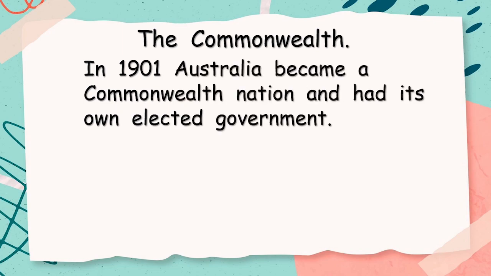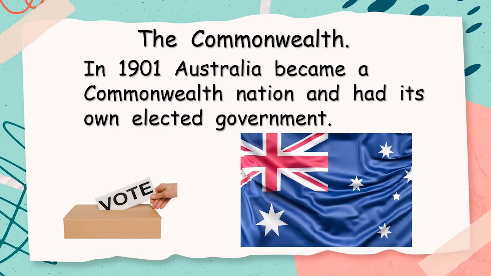In 1901, Australia became a Commonwealth nation and had its own elected government. The Commonwealth is a big group of countries that used to be part of the British Empire. So we're sort of still friends, and we still get together and have meetings and try and help each other. But there's a lot of independence.